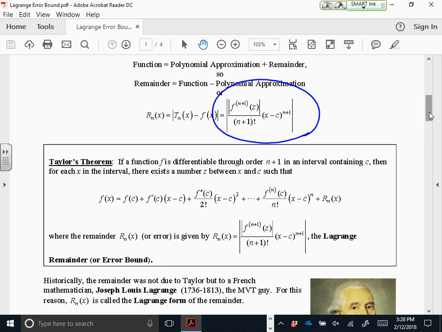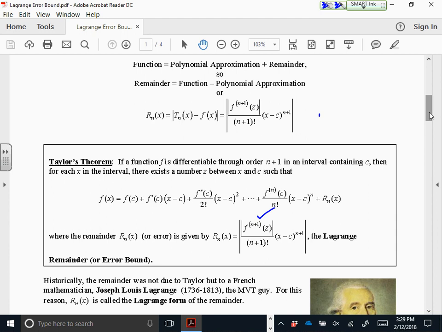Now, we know that when we make our terms, we have our function evaluated at whatever we're centered at, and then the derivative evaluated at wherever we're centered times x minus c. Then the second derivative over 2 factorial, and the third derivative over 3 factorial, etc. So if we are talking about the nth Taylor polynomial, then the next term would follow that same line, where we have the n plus 1 derivative.